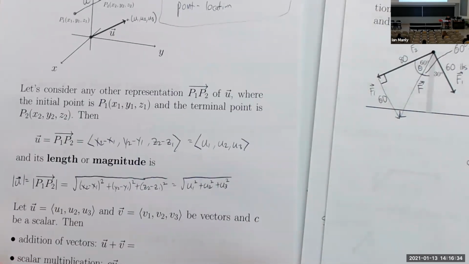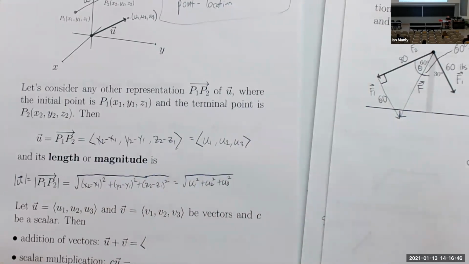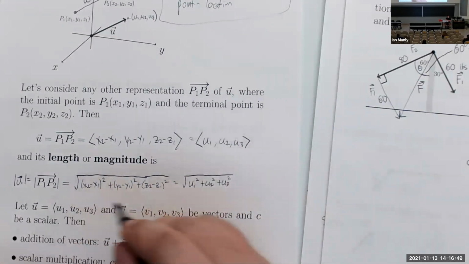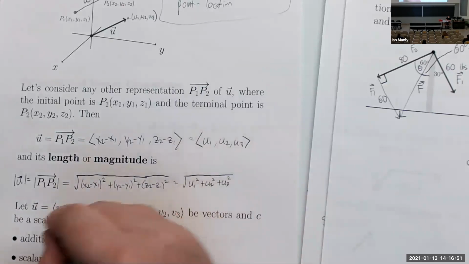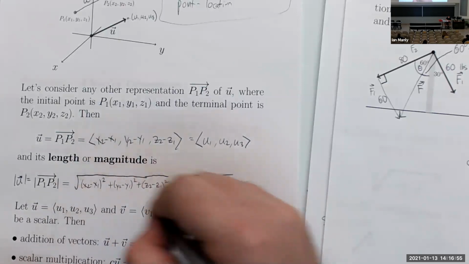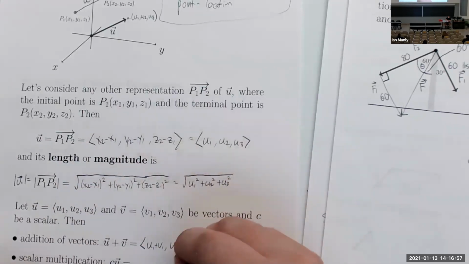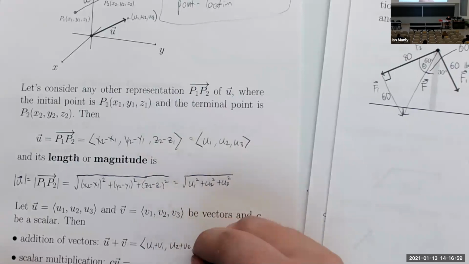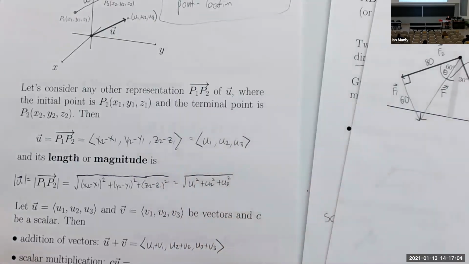We can also find expressions for the sum of two vectors and a scalar multiple of a vector using these components. I think most of you have seen vectors before, so this is going to happen in the obvious way. If we're adding u and v together, I have u1 plus v1. That's going to be my first component. And I add the two middle components, and then I add the two last components. So thankfully, adding two vectors together is pretty easy.